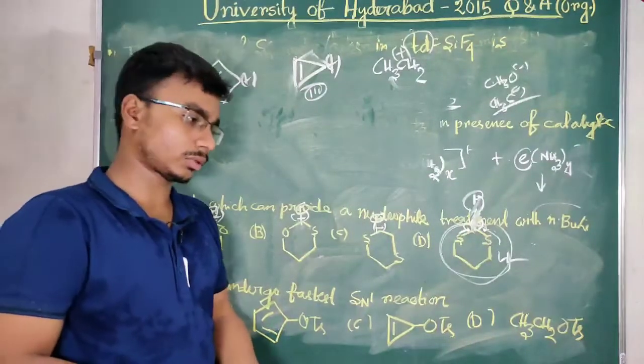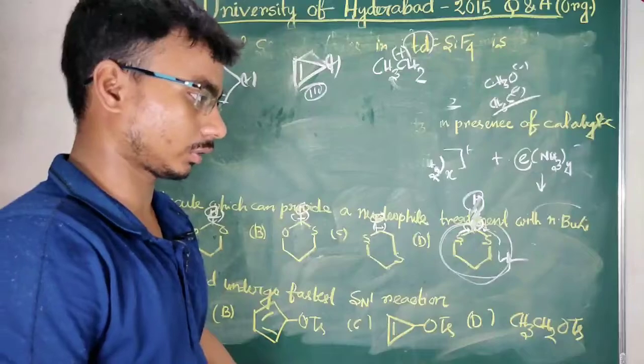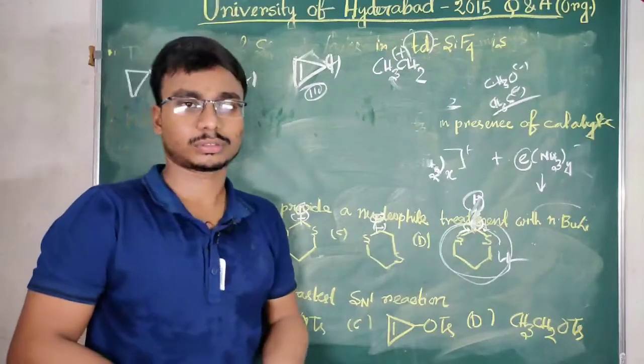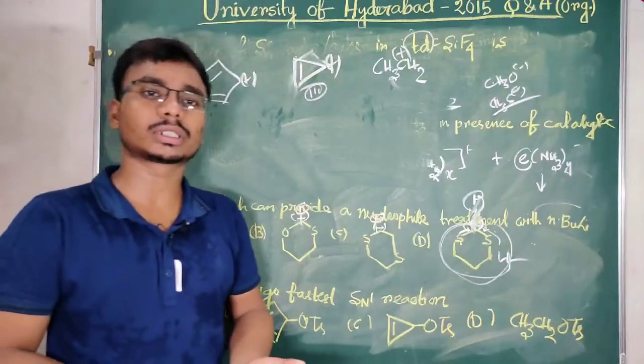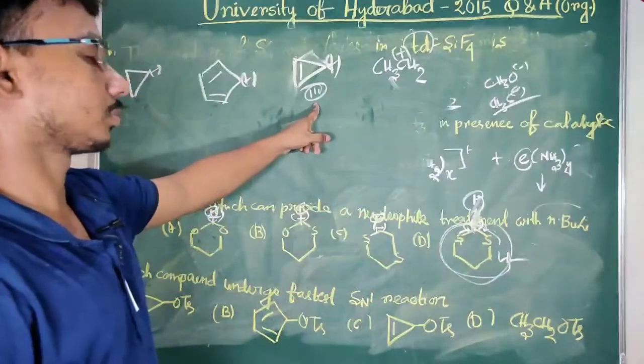For SN1 reaction, the stability of the carbocation matters for the rate of the reaction. So this will be the answer.